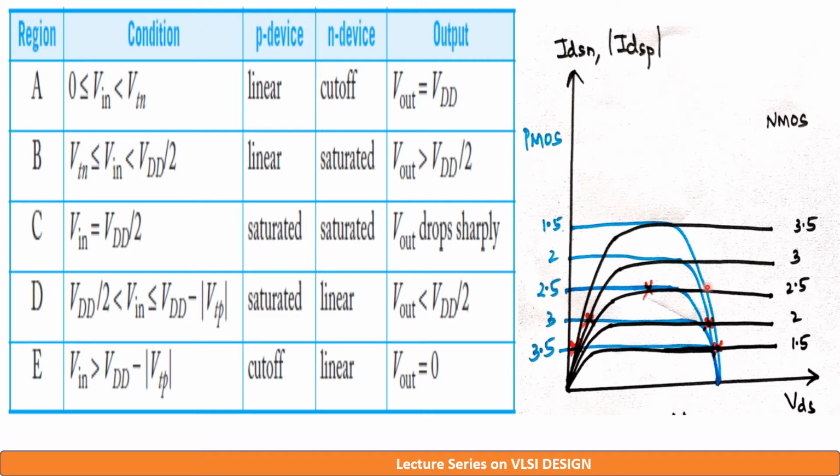If my input is 2.5, VGSP is 2.5 minus VDD, so magnitude 2.5. Similarly, if my input voltage is 3, VGSP is 2. If my input is 3.5, VGSP is 1.5.